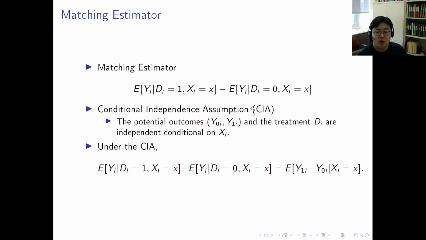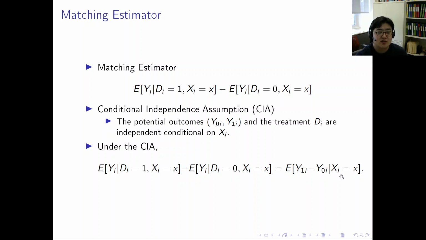If this assumption holds, then we learned this estimator, matching estimator, equals the average treatment effect conditional on the characteristics. Because we restrict the characteristics to be lowercase x, what we get is the average treatment effect for those guys.